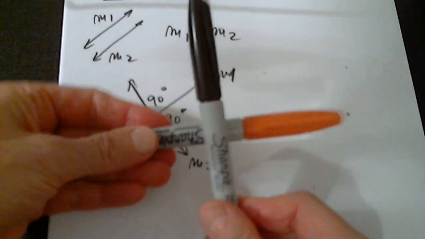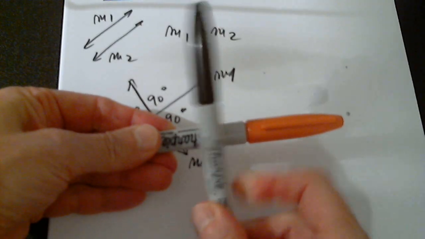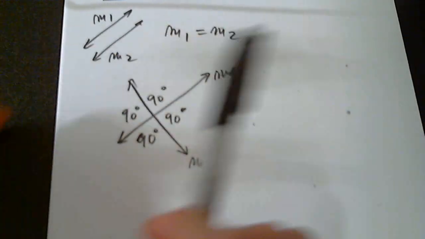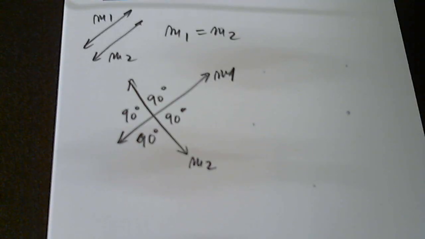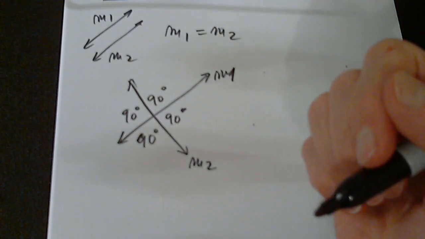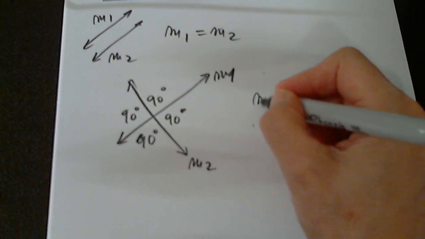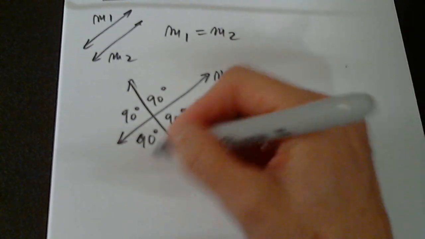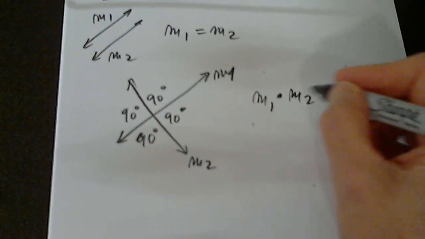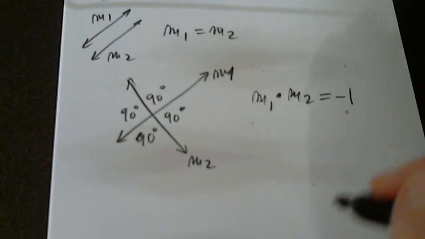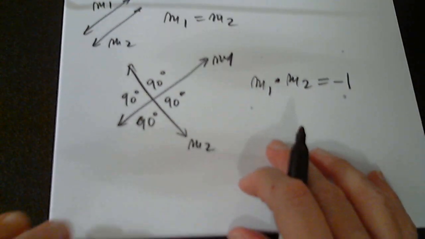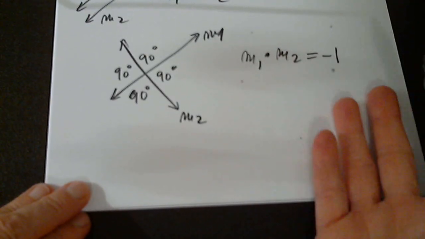They are perpendicular. 90, 90, 90, 90. What is the relationship between the 2 slopes when they are perpendicular? I personally like to remember it as the product, multiplication, the product equals -1. You may have learned it in the same way.